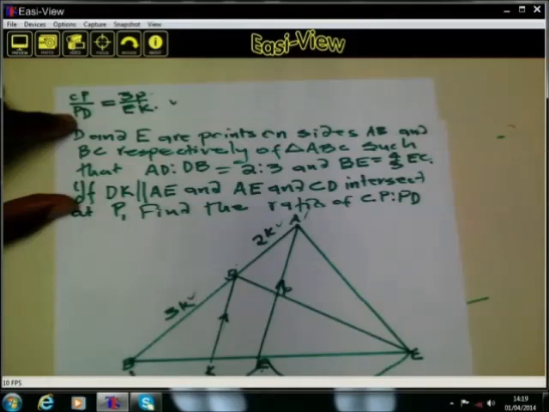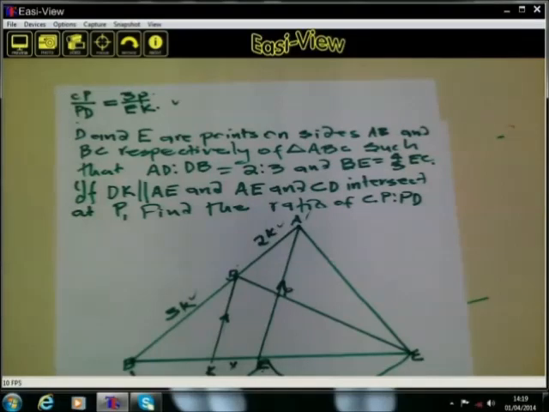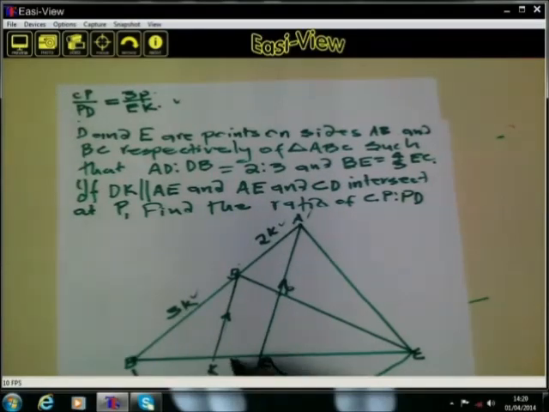We have taken this side CP over PD, so you must also take CE over EK. Remember, we don't have the magnitude of EK or KE.